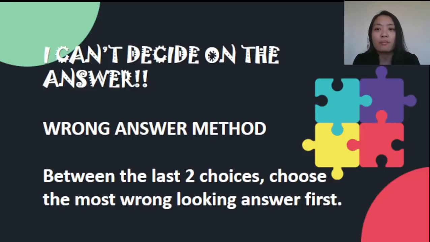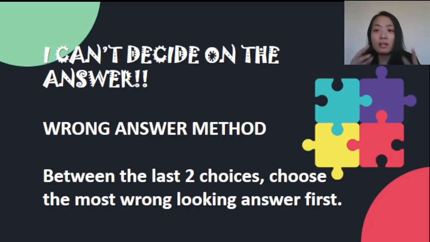But this is actually a trap. It's not actually accurate. So choose the one that looks more wrong first. Then the one that is left is the answer. Choose the one that looks like it doesn't fit into the answer. You can't find any clue of it inside the paragraph or any sentence. Nothing inside the text talks about it. So that one is probably the wrong one.